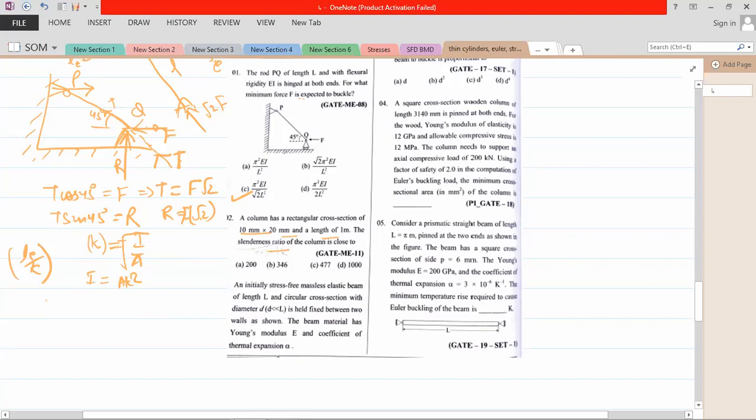So first of all, what is I? It is given 1 by 12 into 20 into 10 raised to the power 3. This is your I, and your area is 10 into 20. Now if you divide this I by A, you get the value, it is around root over 100 by 12. So let me just solve it.